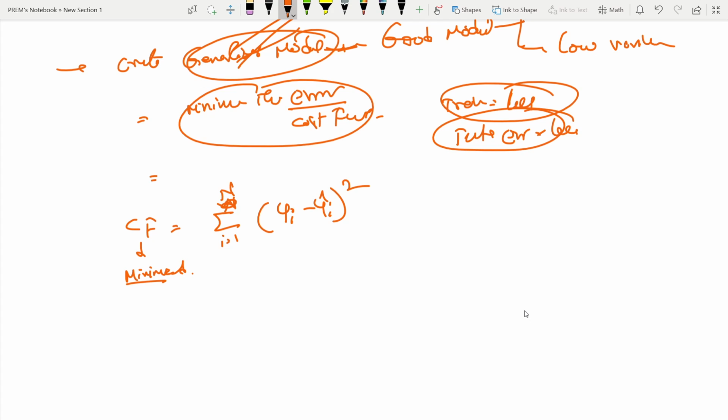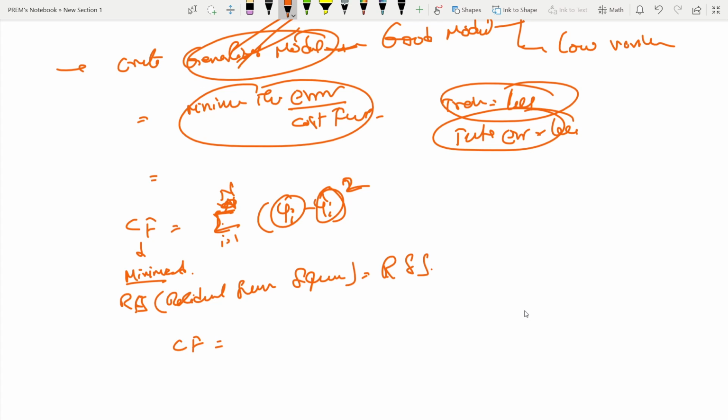Minimizing means we have to do the RSS. RSS means residual sum of squares: the sum of the squares of the predicted values as compared to the actual values. That is nothing but the cost function.